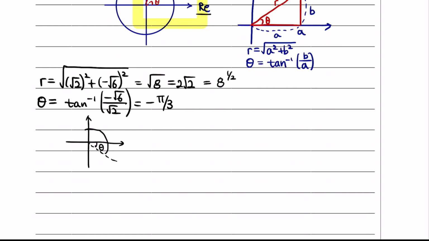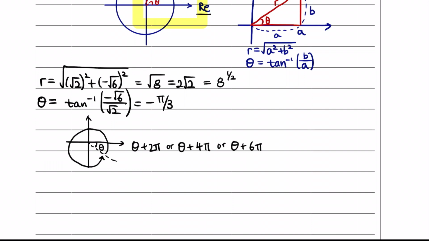What if this turns all the way and then comes back here? Then it means it's theta plus 2 pi. Or if it turns another round, it becomes theta plus 4 pi, or theta plus 6 pi. Because all the theta can be added with 2 pi or multiples of 2 pi.